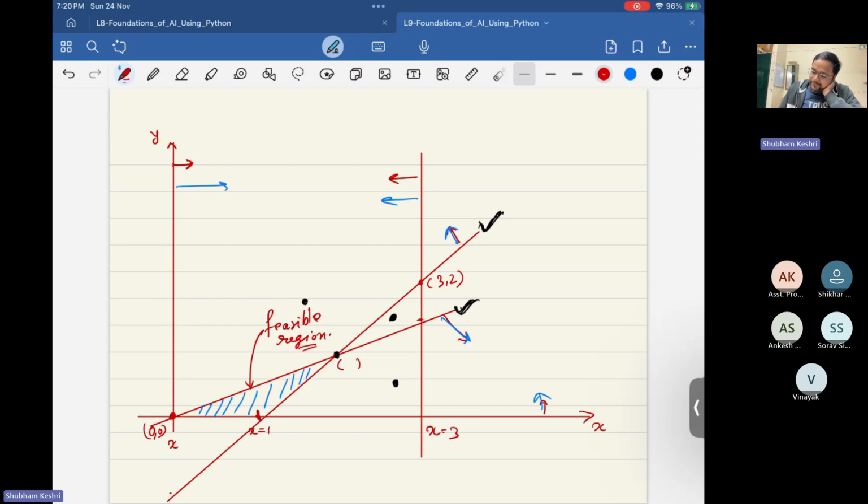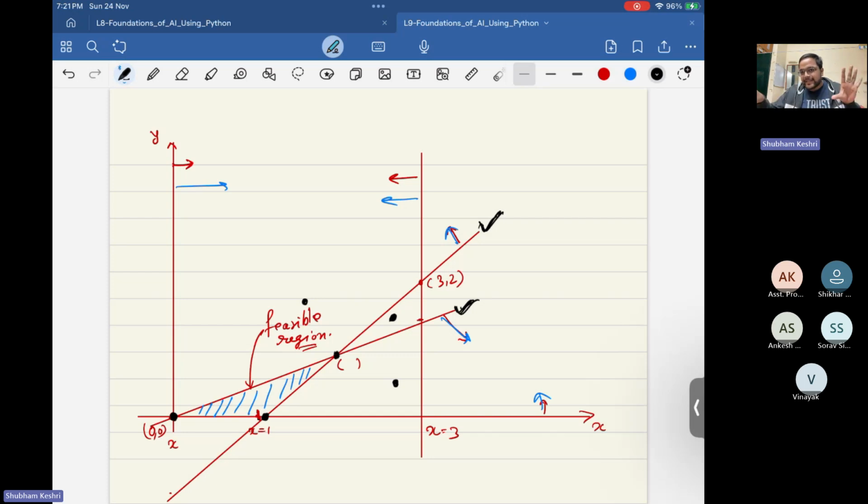There is a very important property of linear programming problems, and that helps us solve them. What is that property? The property says that the optimal objective function value will be at one of the corner points. So it will either be this point or this point or this point.